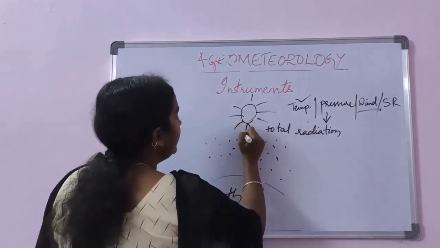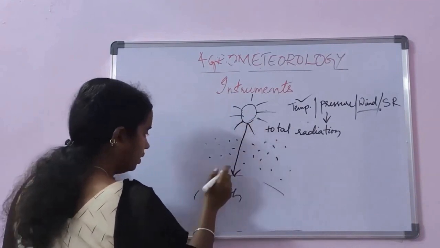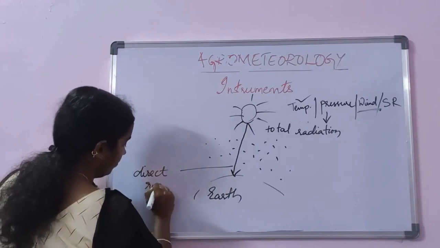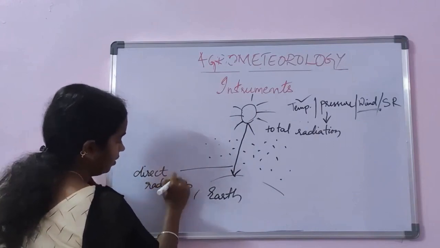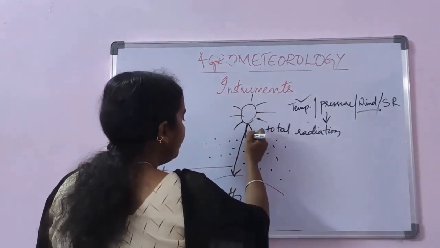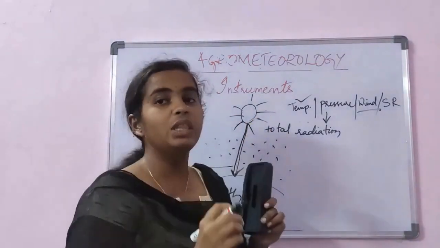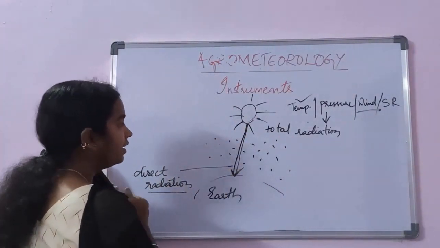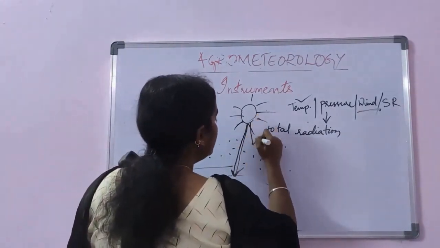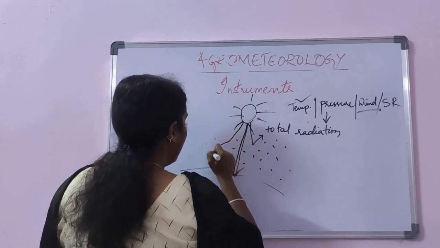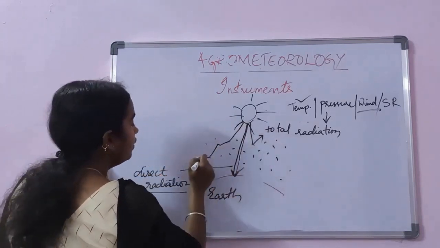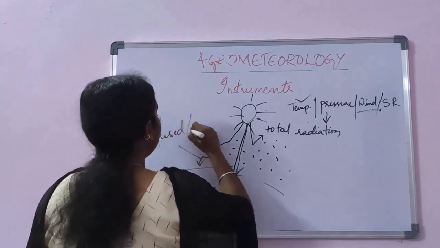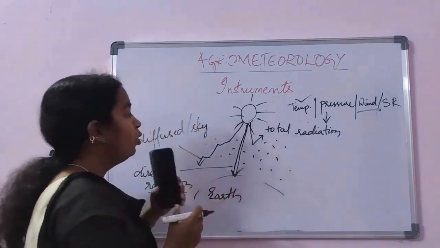The radiation which will be directly reaching the earth's surface without any deviation in its direction, we call it direct radiation. And the radiation which will be deviating and then reaching the earth's surface, we call it diffused radiation or sky radiation.